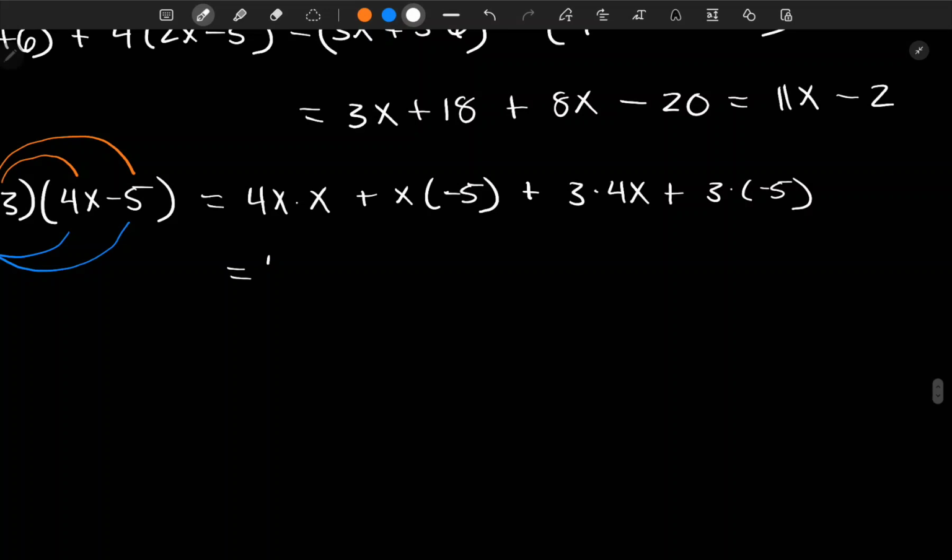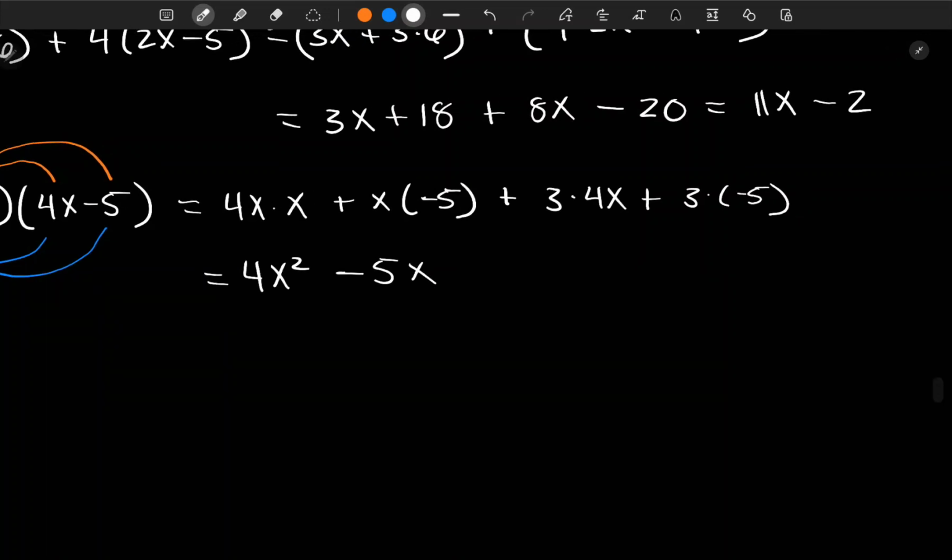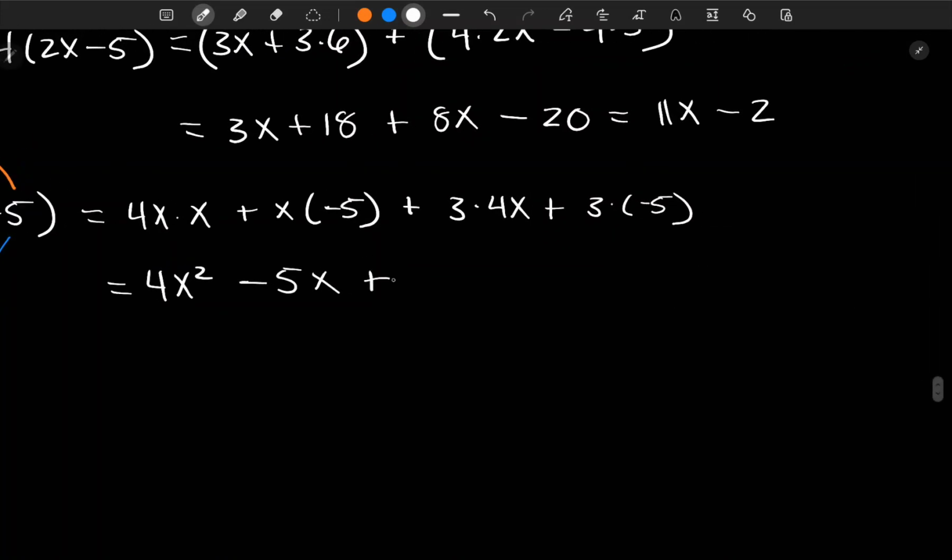And this becomes 4 times x squared, and it's x squared because you have two x's multiplying each other, plus x times negative 5. Well, that becomes negative 5x, so we can turn the plus into a minus here. So it's minus 5x plus 3 times 4, which is 12, times x.